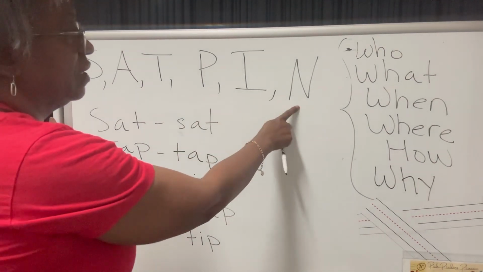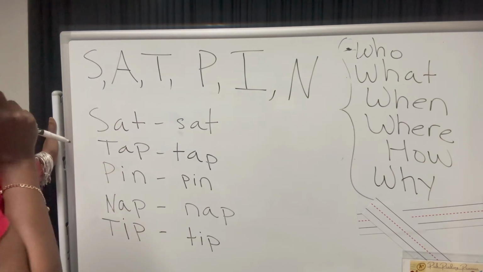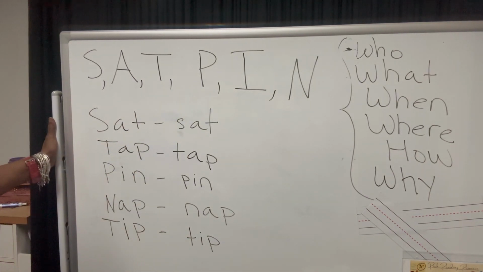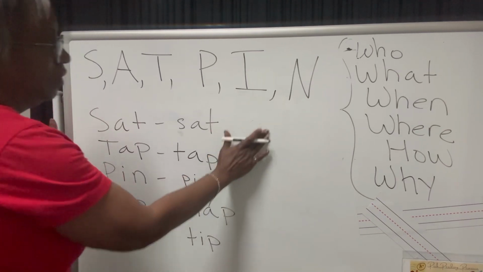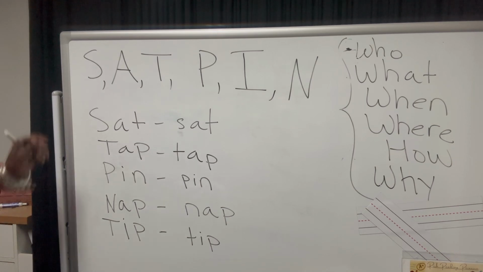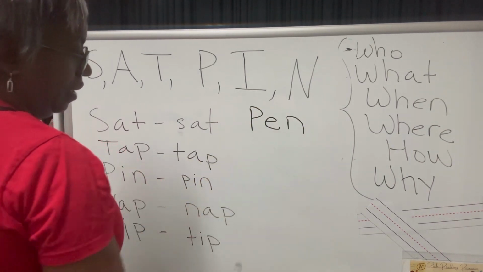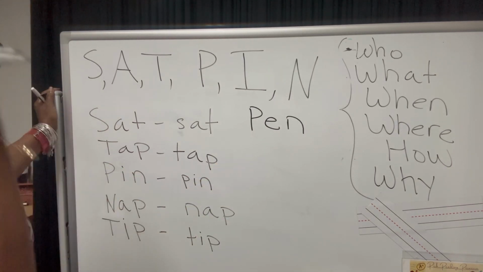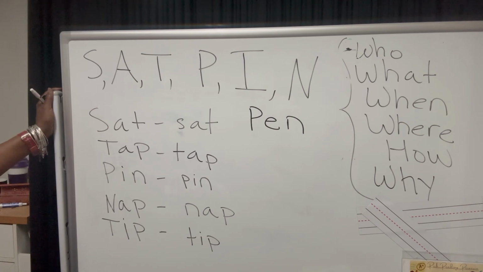This pen is like a stick pen or your PIN number for your ATM debit card. And then, of course, you have that other pen, P-E-N. And that's the pen you write with. Ink pen, right? Okay. What else do I see in here?